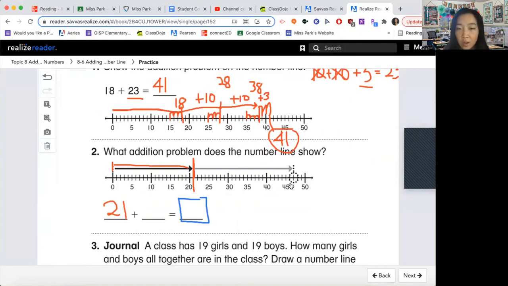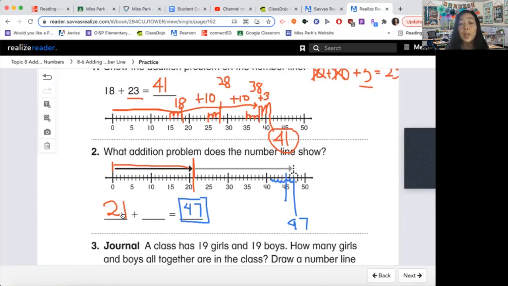Your total here is, let's see, this is 40, 41, 42, 43, 44, 45. So this is 45. There's a number next to 45, 46, and then this one is 47. So our total number is going to be 47. So that's our total.